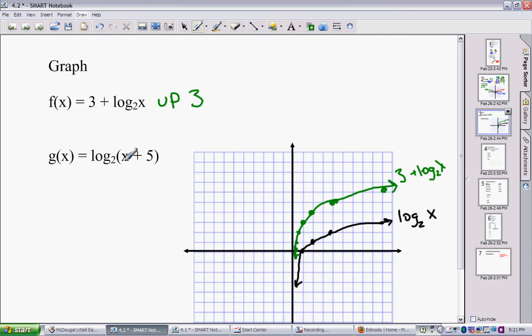Now we're adding 5 to the x in the parentheses, so that's going to be a shift left or right. And it's adding, so we do the opposite and go left. So we are going left 5 from the original base, log base 2 of x. So we're here, we move 1, 2, 3, 4, 5.